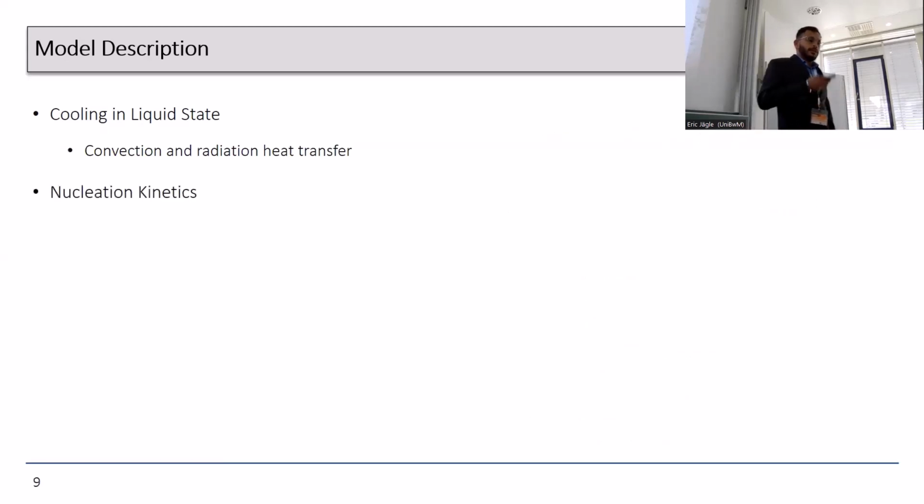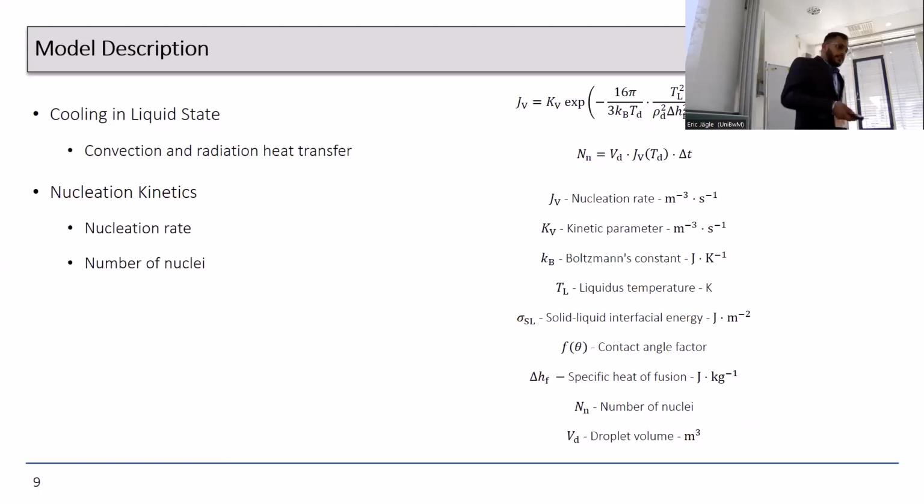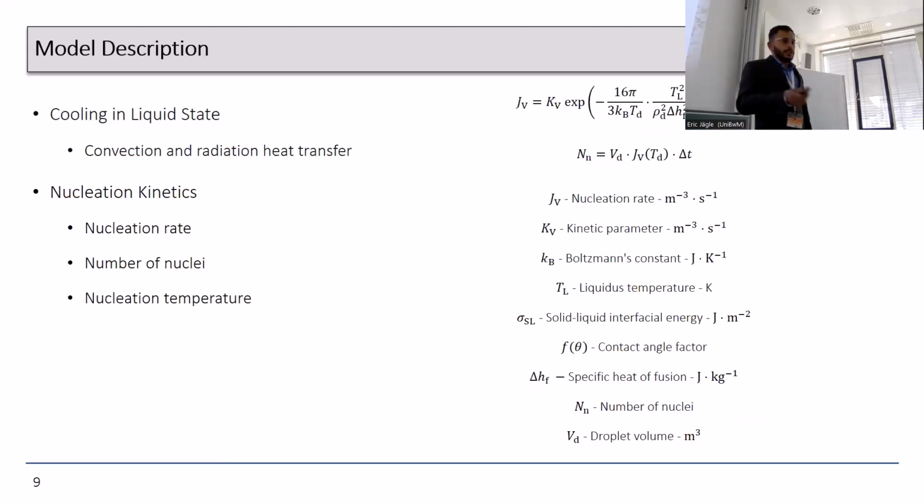Then we have the nucleation kinetics, where the classical nucleation equation is used to compute the nucleation rate. From the nucleation rate, we compute the number of nuclei, N, which is the nucleation rate multiplied by the droplet volume and the time strip. From this, we compute the nucleation temperature.